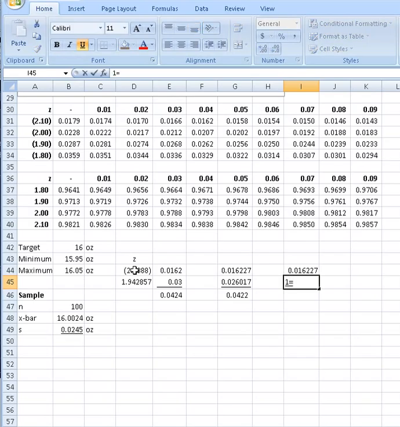And 1 minus NORM.S.DIST of that. Whoops, I forgot the equal sign. That's what happens when you don't put an equal sign in. Excel doesn't know you're talking about an equation. That value is the same, and I add them up, and I get the same total.